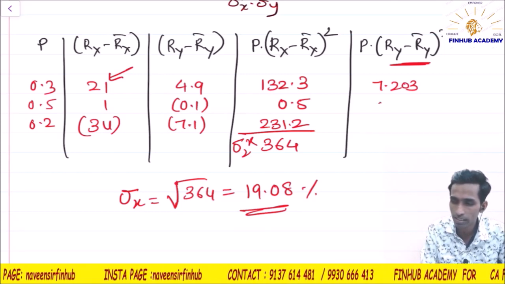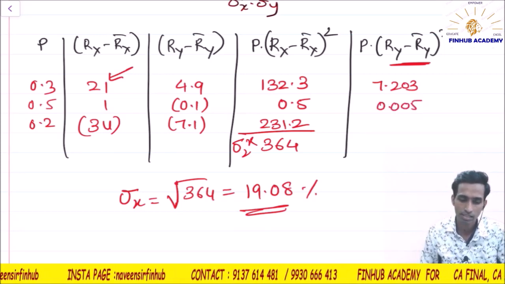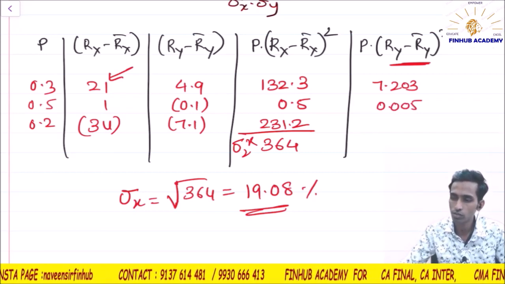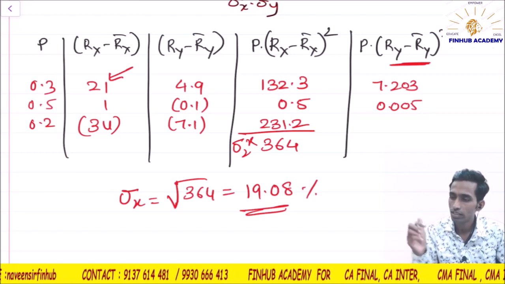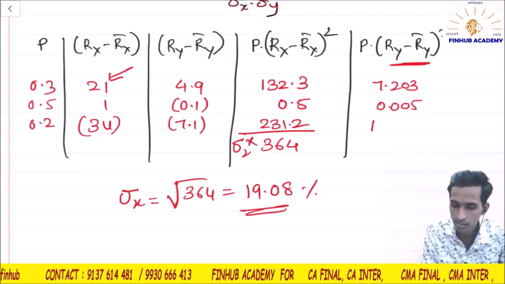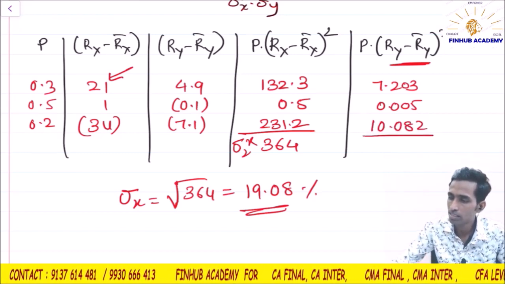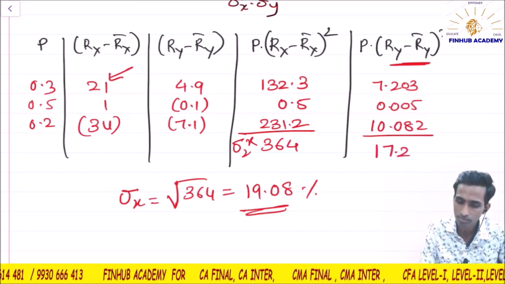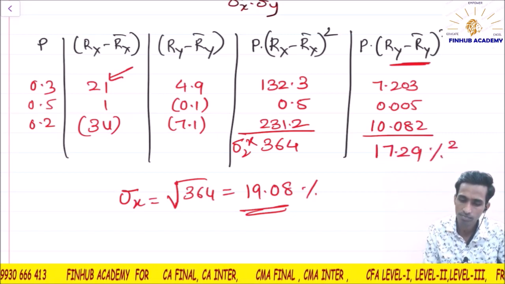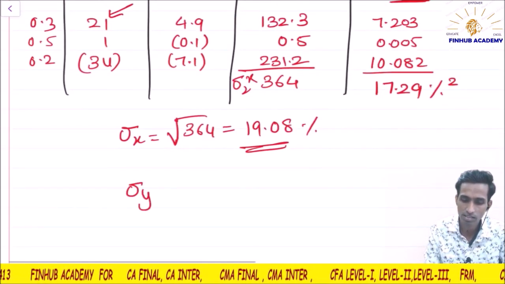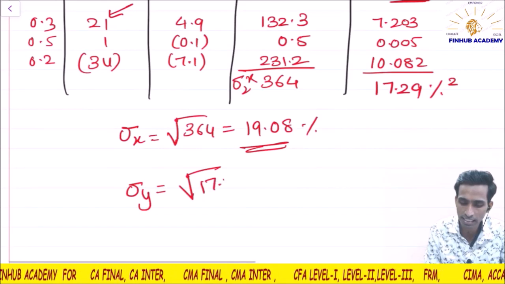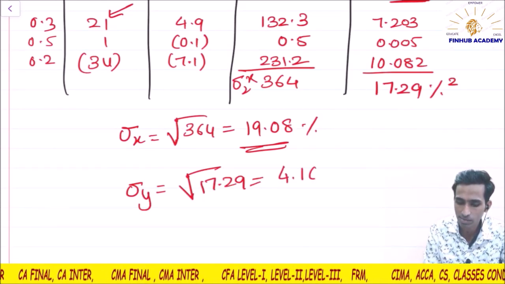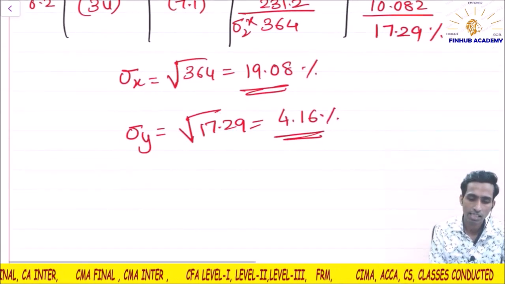The answer is 0.005, M plus, correct? Then minus 7.1 squared multiplied by 0.2, 10.082, M plus. What is the total? Yes, root of 17.29. Answer: 4.16 percent. Correct?